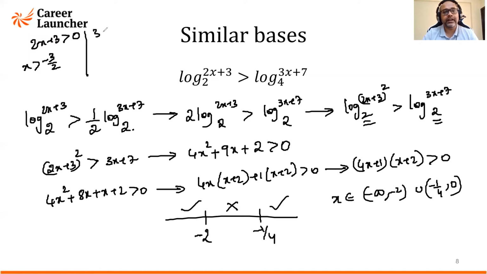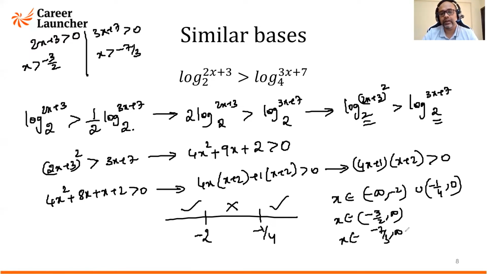And 3x plus 7 on the right hand side should also be greater than 0, which gives x greater than minus 7 by 3. So you want the common area of these three parts.